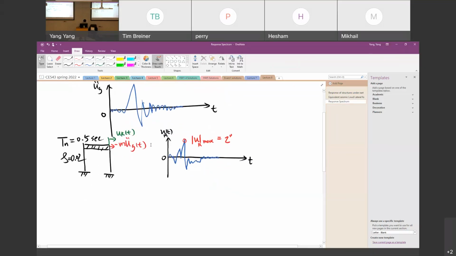Now, similarly, consider a different structure. The structure has a higher natural frequency with the same damping ratio.